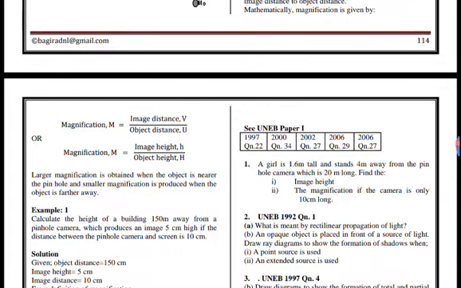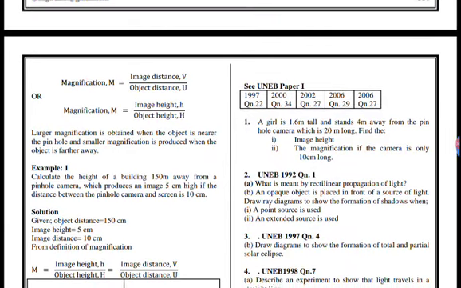Mathematically, magnification, capital M, equals image distance, represented by capital V, divided by object distance, represented by capital U. Or magnification M can be got from image height, small h, divided by object height, capital H.